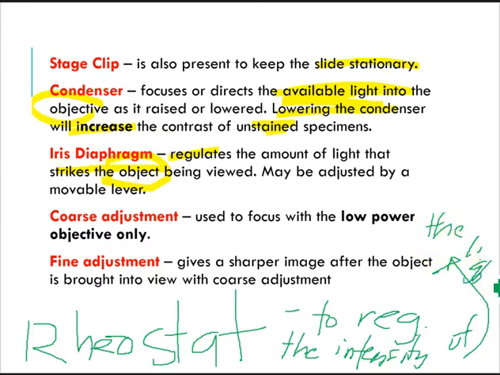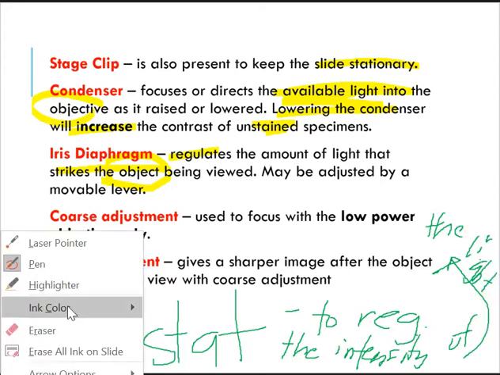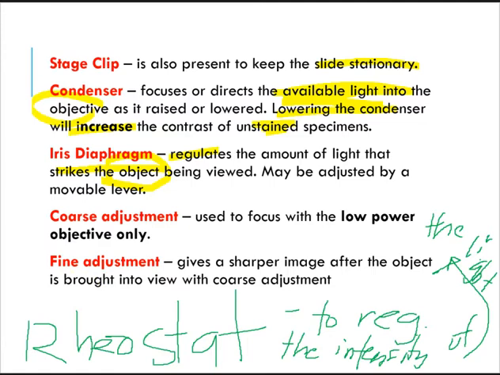This is why I hate board notes. Guys, I hope you understand. To repeat, the light source is equipped with a rheostat to regulate the intensity of your light. Now, let's have your coarse and fine adjustment knobs.